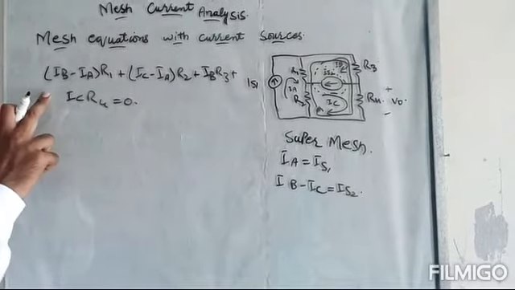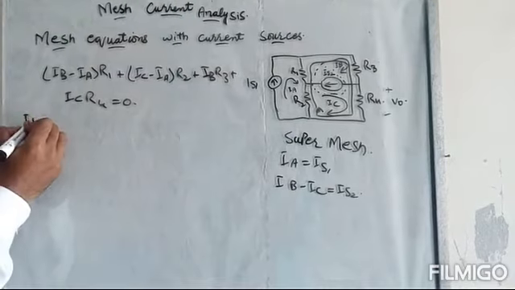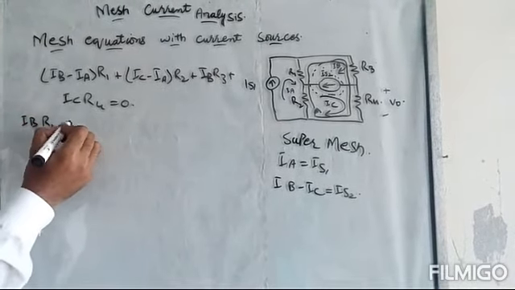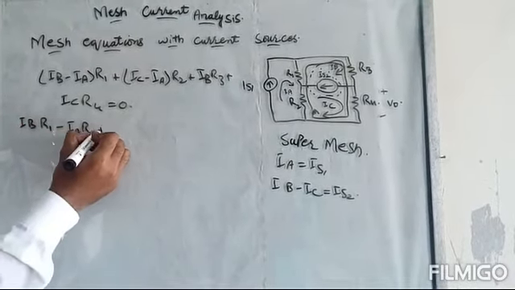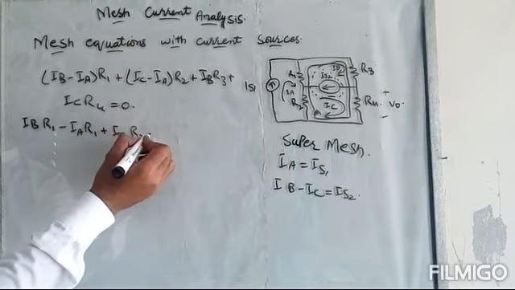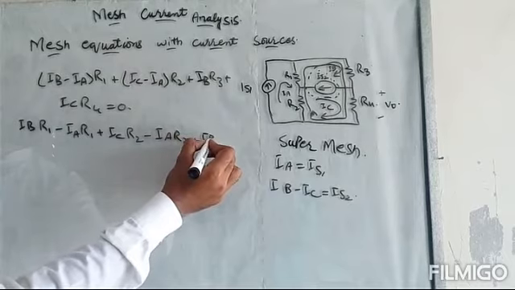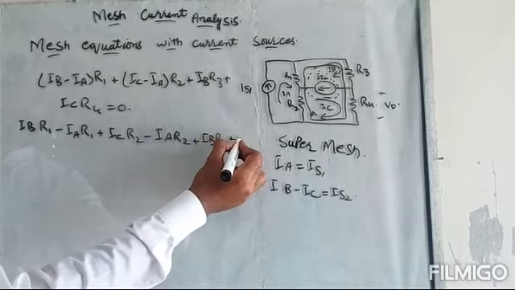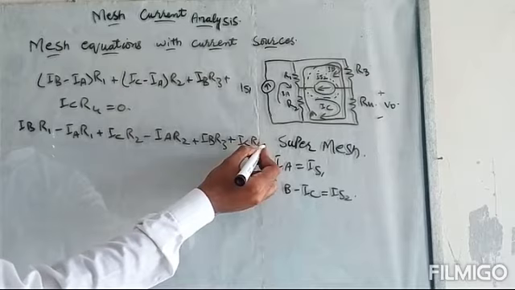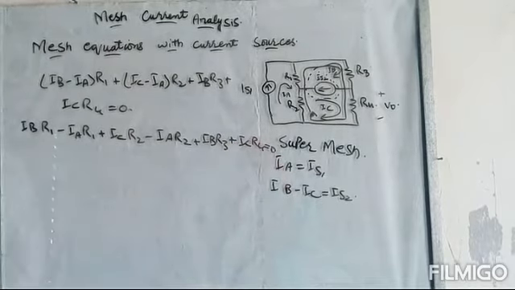So now we will simplify this equation. IB R1 minus IA R1 plus IC R2 minus IA R2 plus IB R3 plus IC R4 is equal to 0.